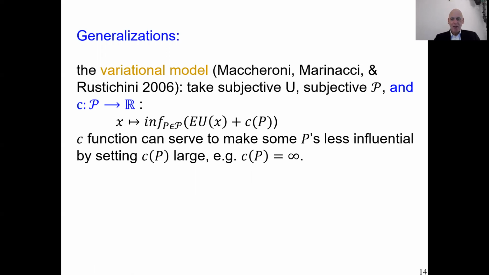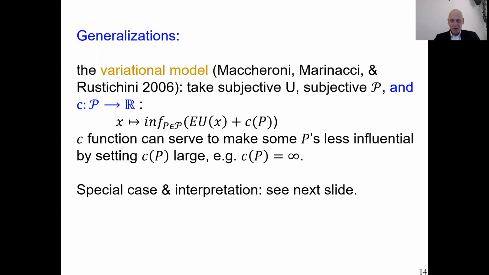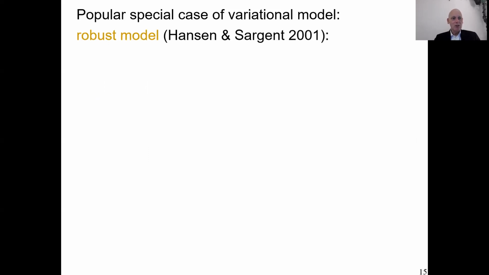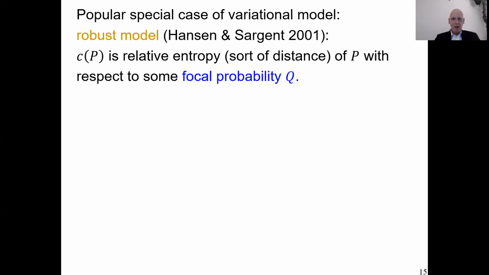special case. I'll present a popular special case of the variational model in this slide, and that is what is called the robust model. That was introduced by Hansen and Sargent in the year 2001, and that model is a special case of the variational model. It takes a particular c function. That c function is relative entropy. Here you're assuming that a particular probability, capital Q, is quite plausible, maybe the most plausible probability measure according to your belief.